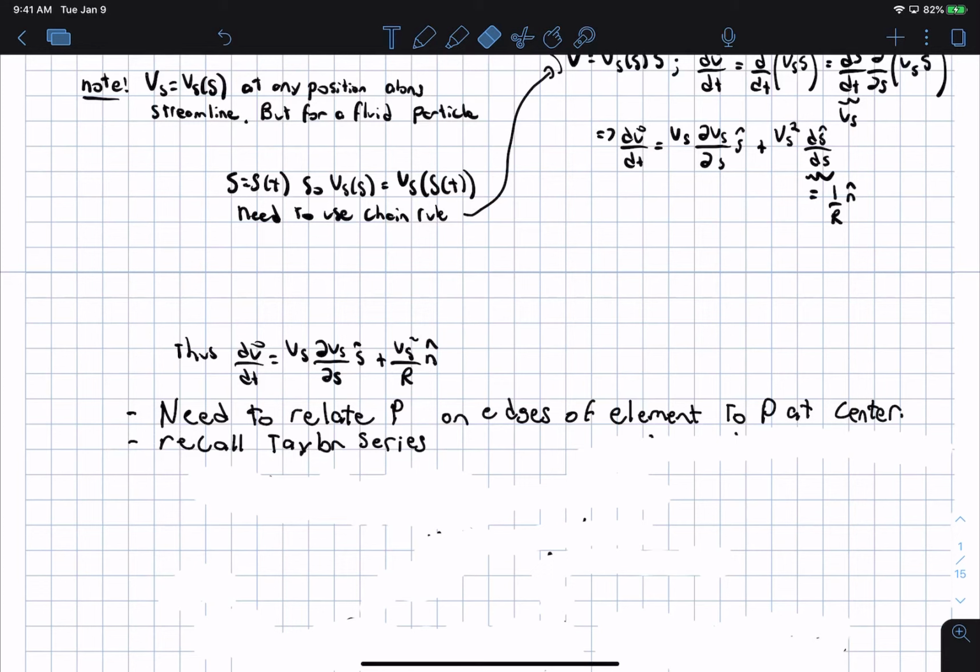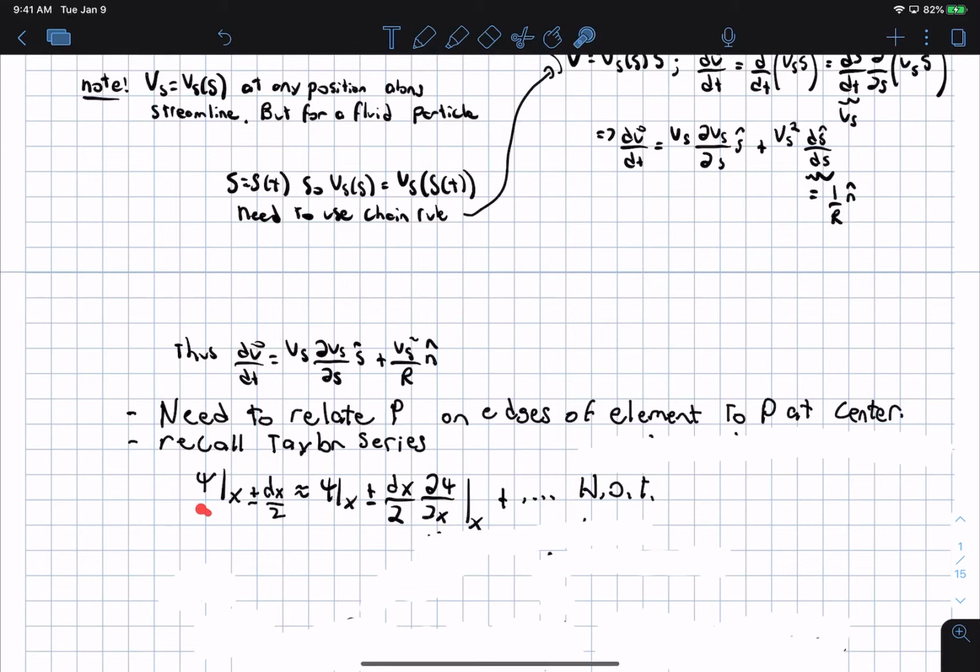Okay, and for the Taylor series, if you recall, we have the variable at any position plus or minus some space over 2. I chose it to be that way just because that matches what we have above.